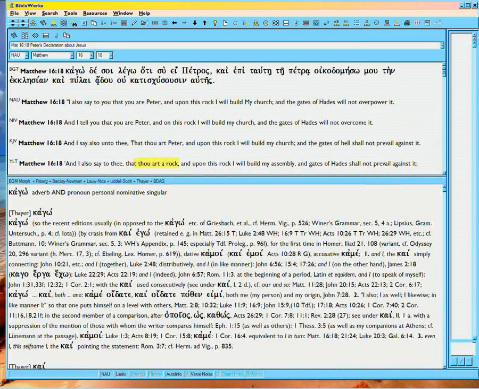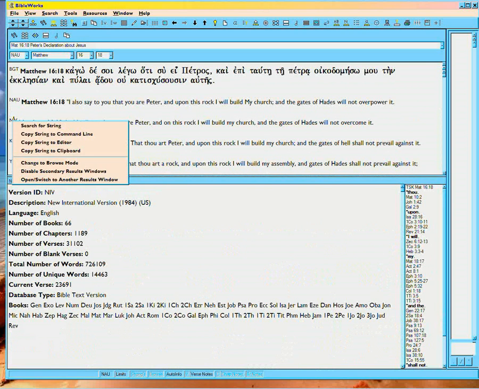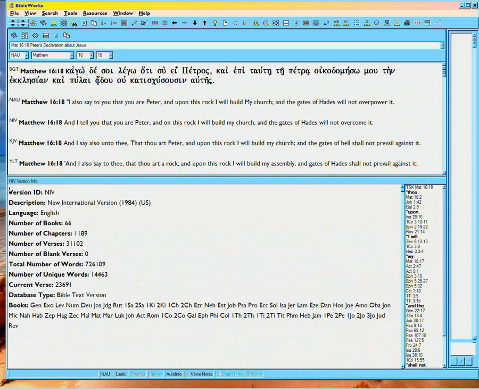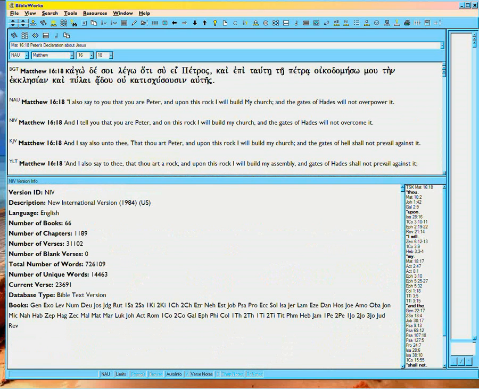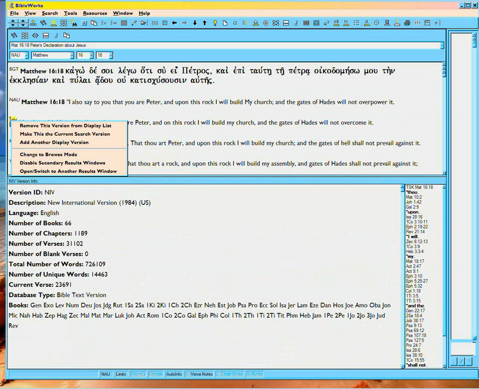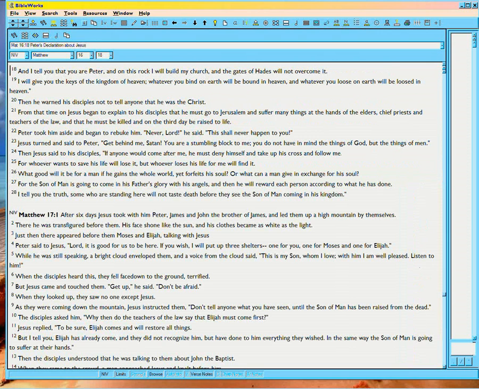Then the third version I use, and I use it for particular purposes, is the NIV. Sometimes the translations in the NIV are brilliant. And a lot of times the translations in the NIV are horrible. But one thing the NIV gets right over all of its competitors, especially in the Old Testament, and in the New to a certain extent, is it captures the flavor of the passage.